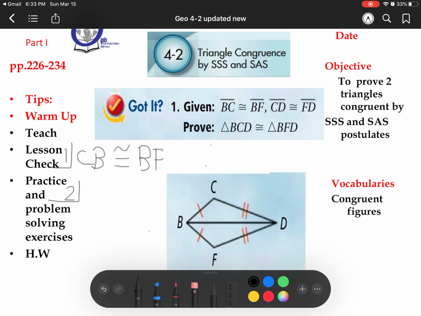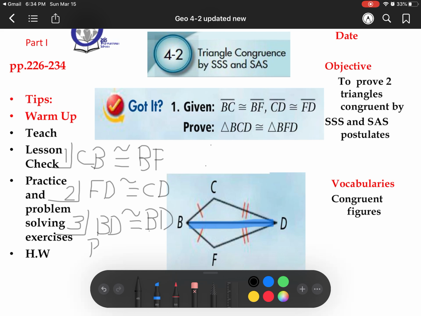The second one, I will say that CD is congruent to FD, this is the second side pair. I need the third one. Did he give me something else? No. So what do I say? BD is common, right? So I can say BD is congruent to BD. And here, what's the reason? I write reflexive.